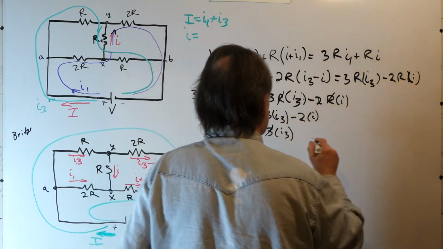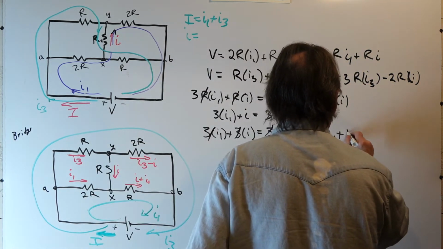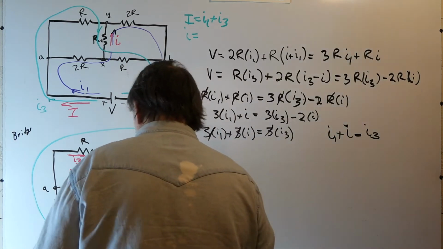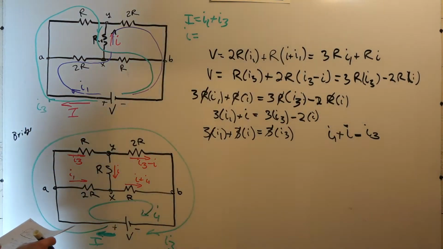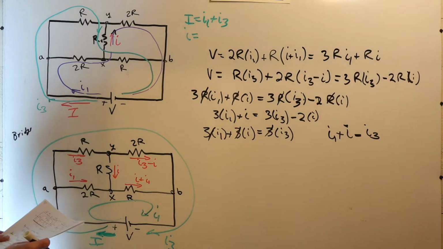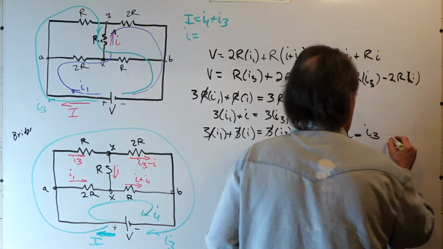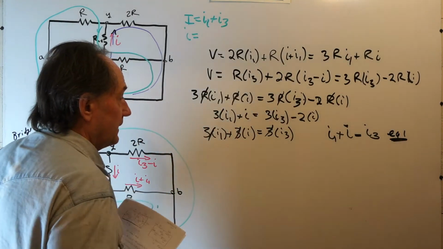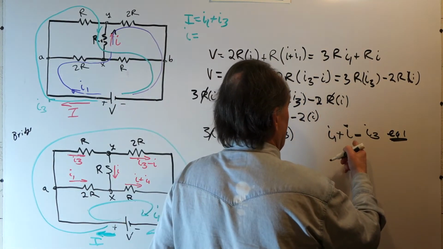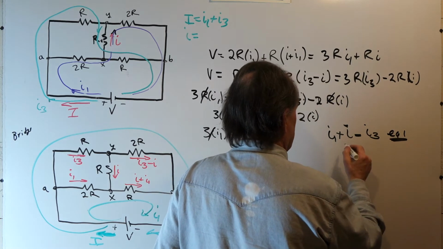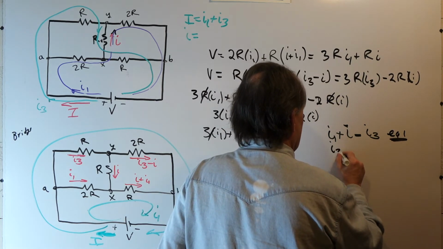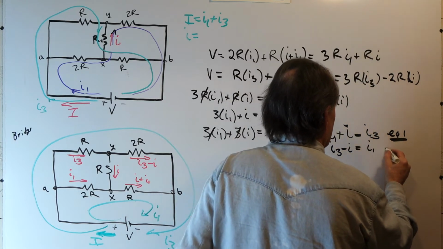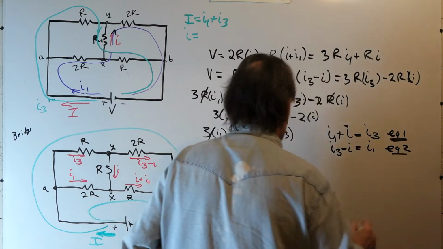Canceling out our 3's, we get I1 plus I is equal to I3. We'll call this our equation 1. And if we rearrange and write it as I3 minus I is equal to I1, call that equation 2.